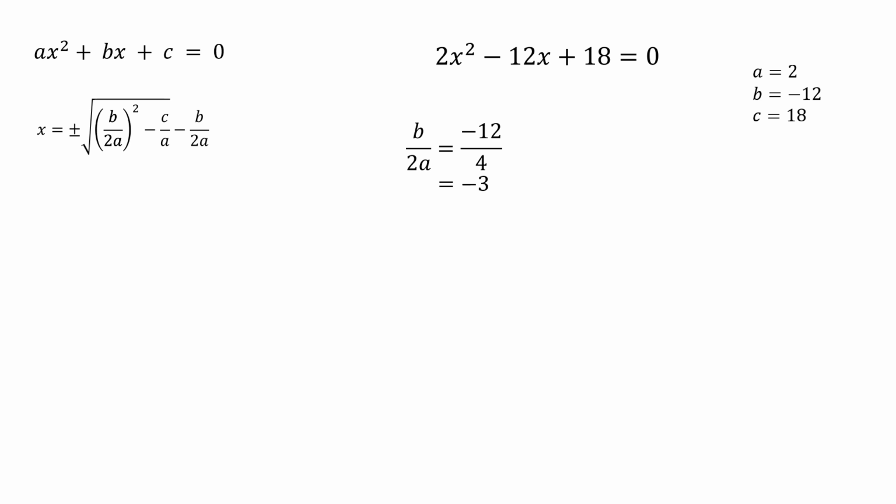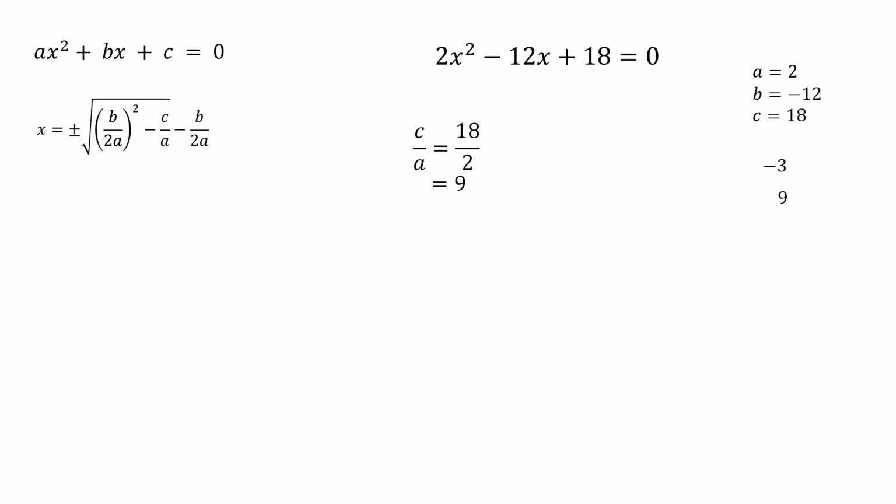And let's calculate what is b over 2a squared. So the value we got is 9. Let's memorize that, and time to find our next number, which is c over a. The value we got from c over a is also 9.